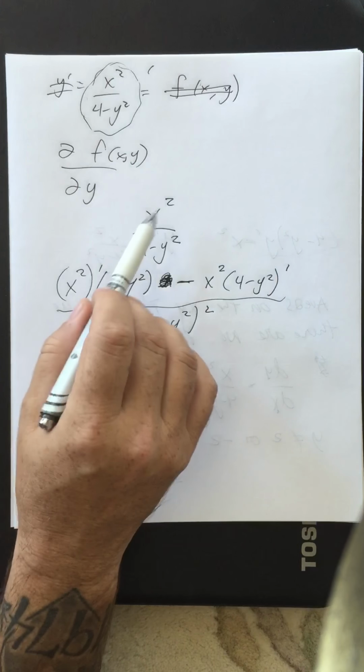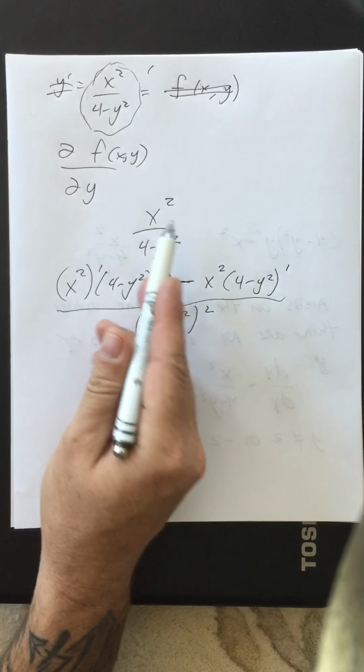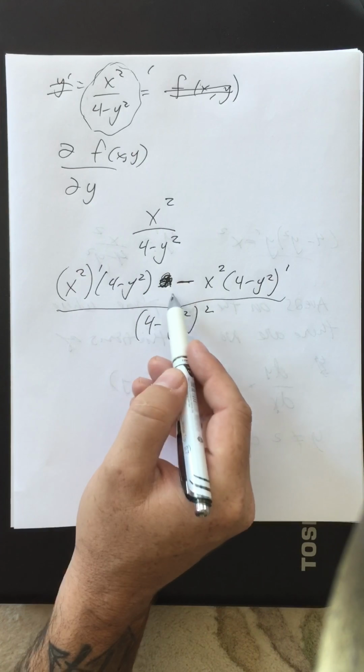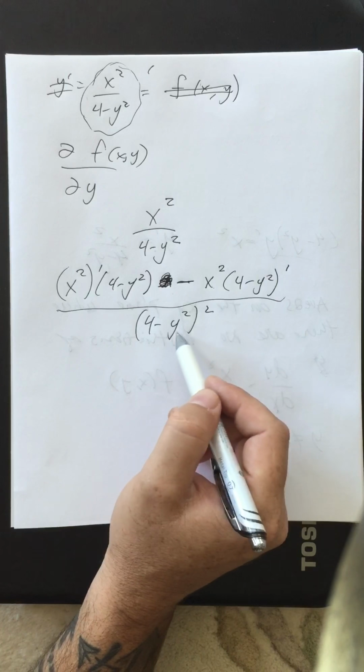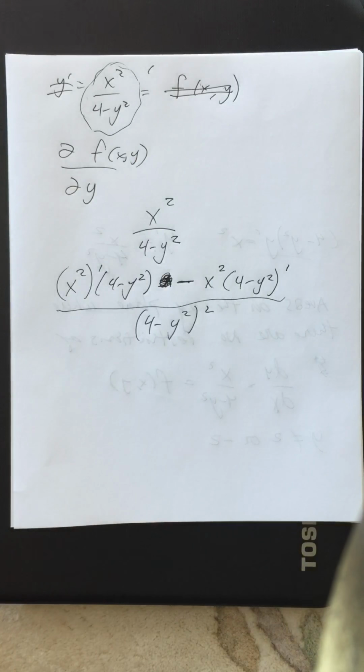Right? That's the derivative of the first times the denominator, minus the numerator times the derivative of the denominator, over the denominator squared.